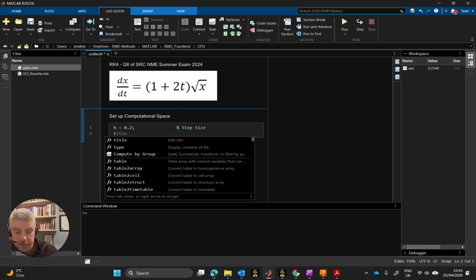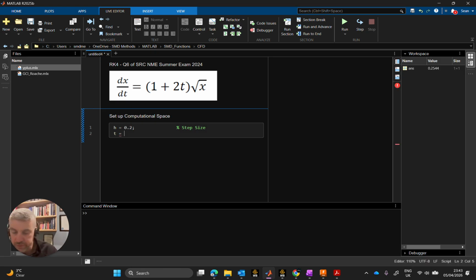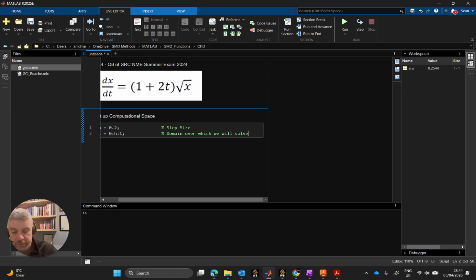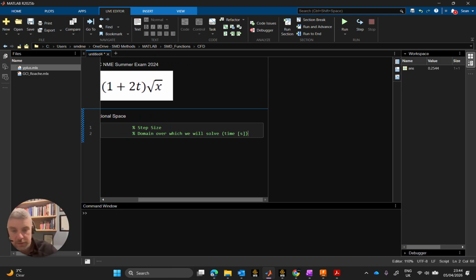Our t is going to be the domain over which we're solving. It starts at 0, we're going up by a step size, and we need to go all the way up to 1. So this is going to be our domain, the domain over which we will solve, and this is going to be time in seconds.